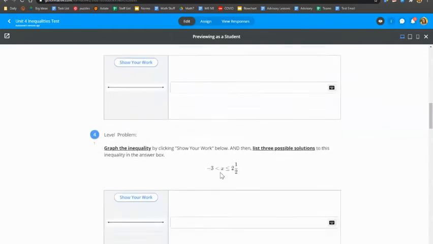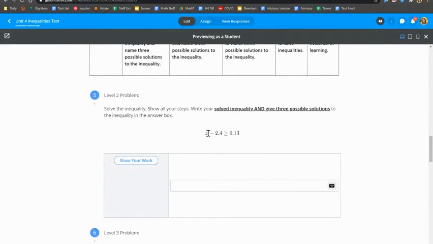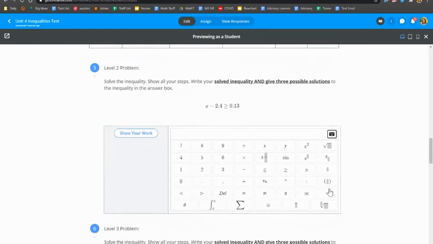Another thing I want to mention is when you get to the second rubric, these problems you're going to be solving the inequality or isolating the x in addition to giving 3 possible solutions. Again, that's a 2-parter, so really read your directions carefully. Now, something cool about GoFormative is we have this keyboard of math tools or math symbols over here. So you might say x, and you want to say maybe greater than or equal to because that's the symbol there. So you could use the greater than or equal to symbol.